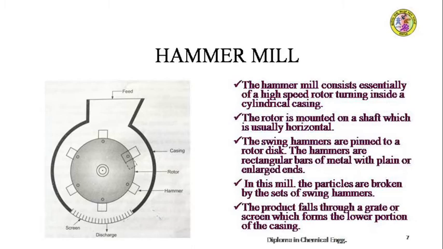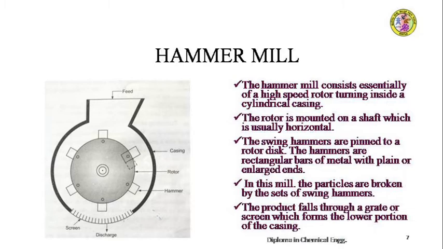The rotor is mounted on a shaft which is at the center of the cylinder. The shaft is horizontal. The swing hammers, as I said before, are the grinding elements in this machine. They are pinned to rotor discs.